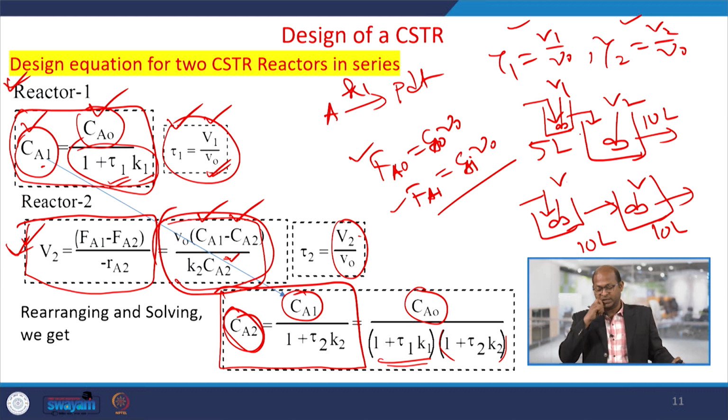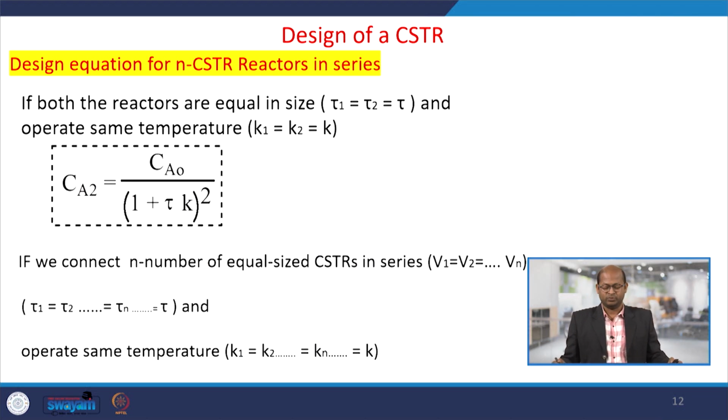So this is unequal size CSTRs in series. Whatever concentration we have derived applies if tau 1 and tau 2 are different, meaning V1 and V2 are different. Like that, n number of CSTRs, equal or unequal in size, we can put in series.